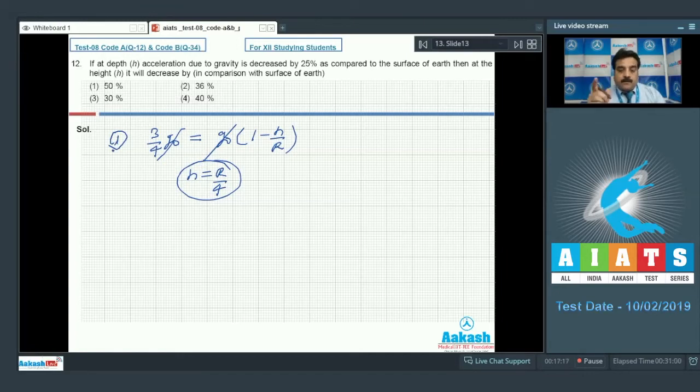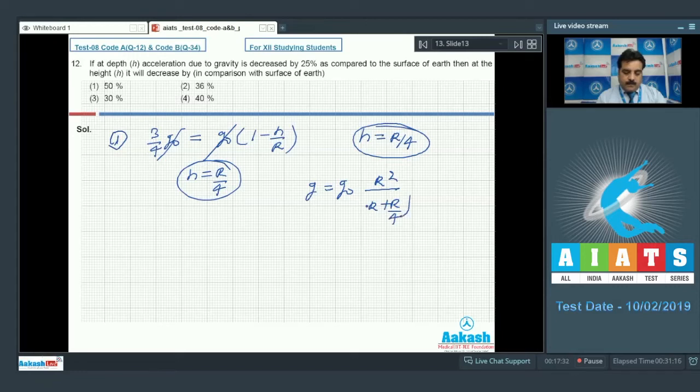Now, if I go to h equal to r by 4, I am going to use the variation formula g naught r square upon r plus h the whole square, where h is r by 4. When you calculate, r will cancel out, so you have 16 upon 25 g naught, and this is the value of g.